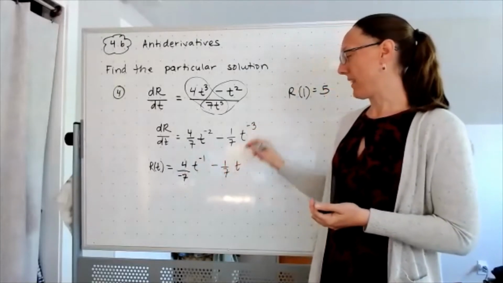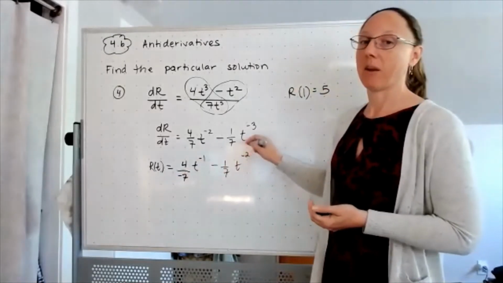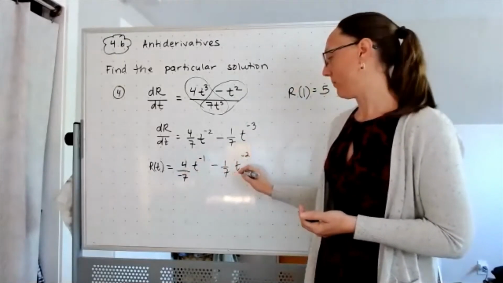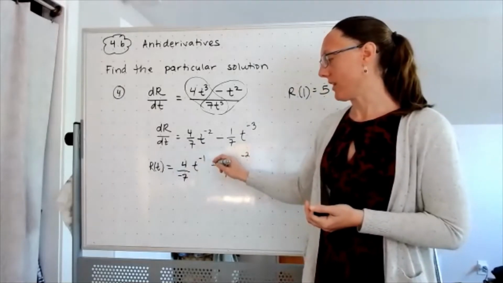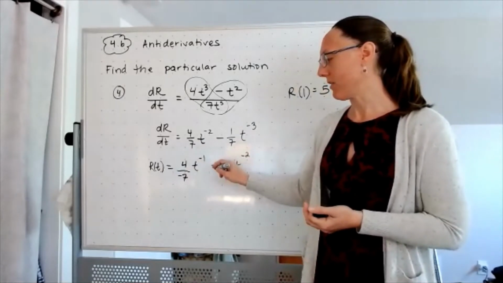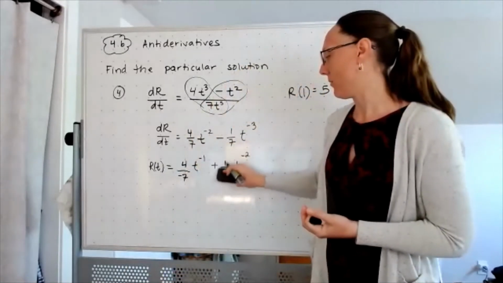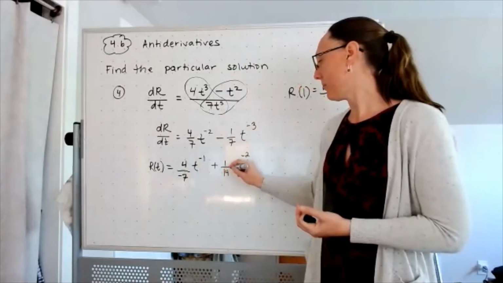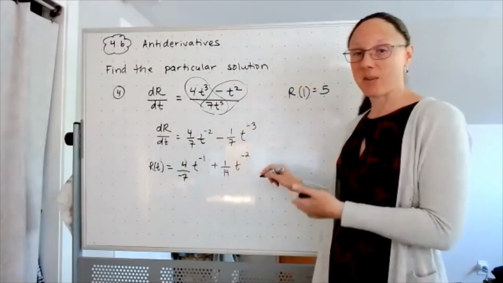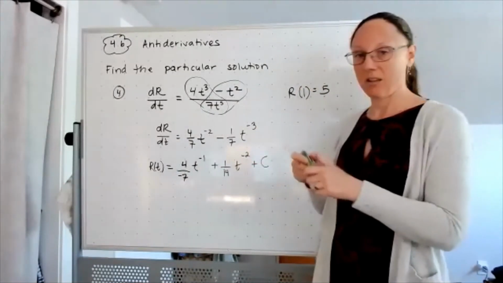When I add 1 to the exponent here, that'd be a negative 2. And then I'm going to divide by negative 2. Dividing by negative 2 will turn this into a positive and turn my 7 into a 14. Since we were finding the antiderivative, I'm going to remember to put in the plus c.